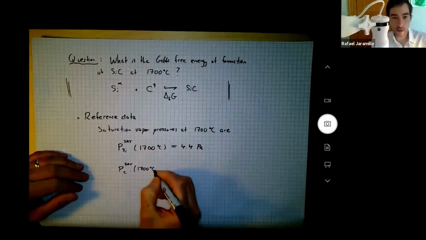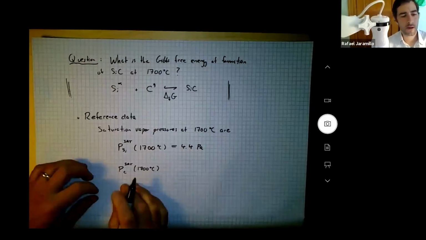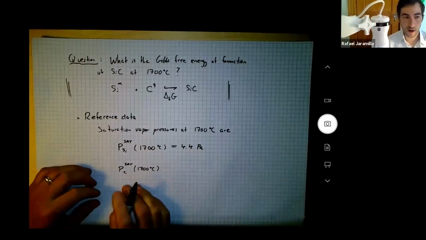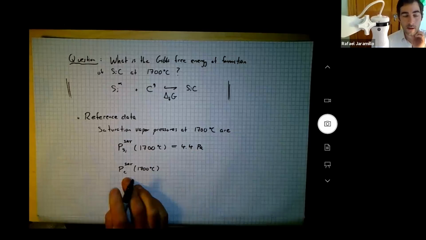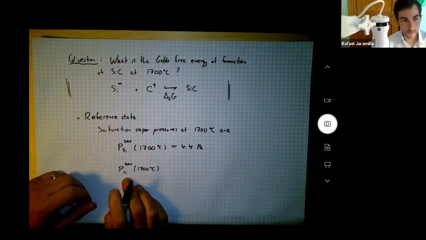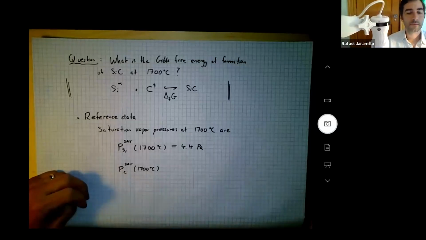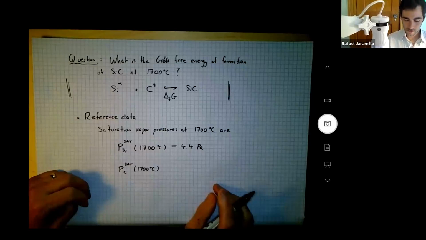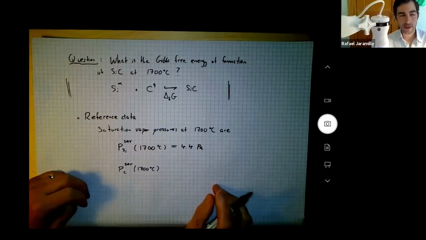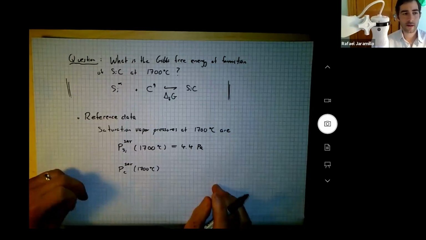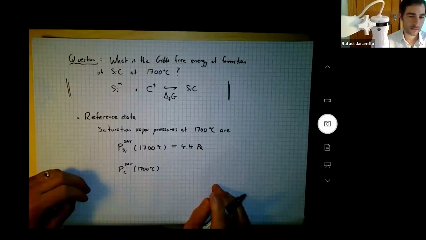What do you think it is? Is it larger than silicon or is it smaller than silicon? The saturation vapor pressure of carbon. You might ask yourself, which is more volatile? I'll give you a hint.